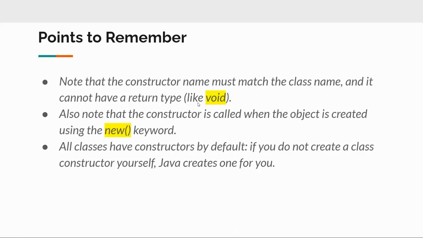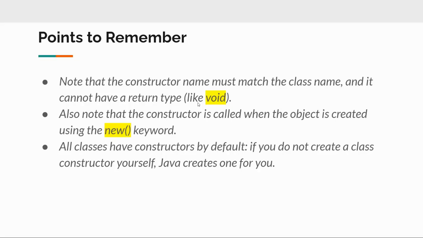Meaning we don't usually put the word void, or any return type, just like the other methods, because a constructor is a special method, and its name must match your class name. Another thing is constructors are called when the object is created using the new keyword. So each time we instantiate, each time we create an object, the constructor is called.